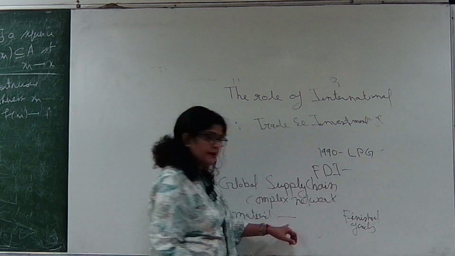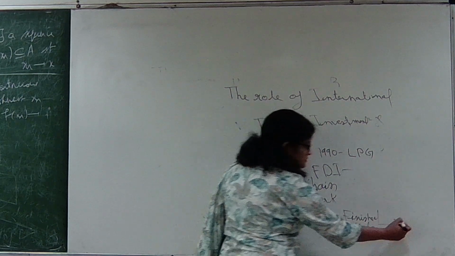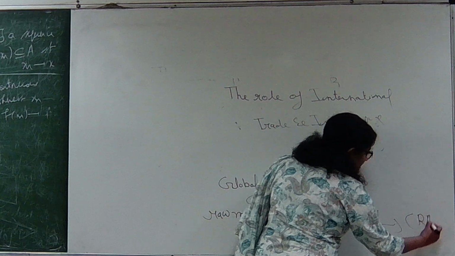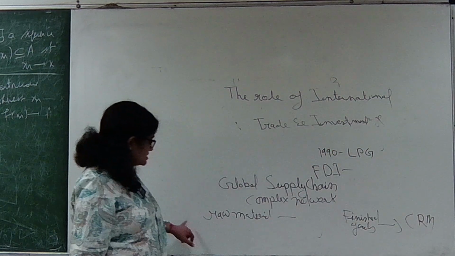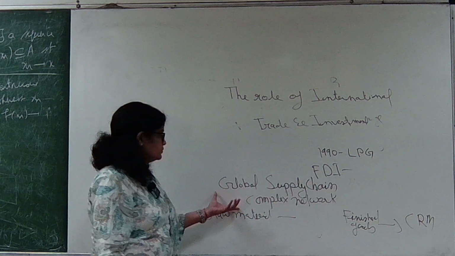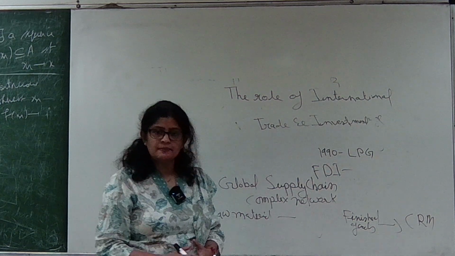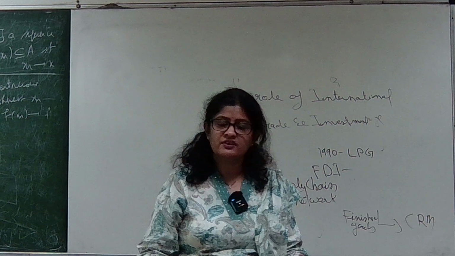In fact, the supply chain does not end there; it goes further, in terms of customer relationship management. So the entire value chain depends upon how smooth your global supply chain is, because it connects a very complex network of an interconnected world.